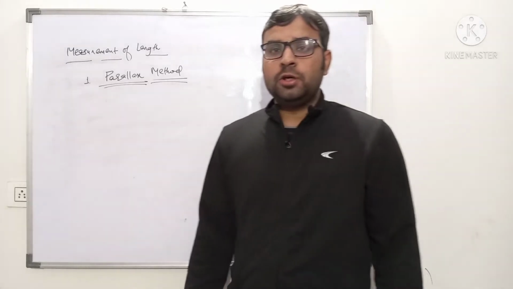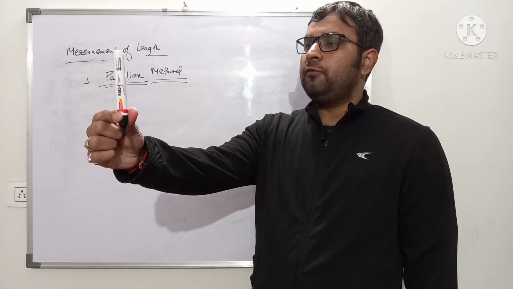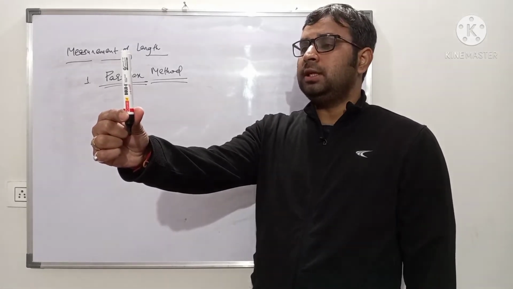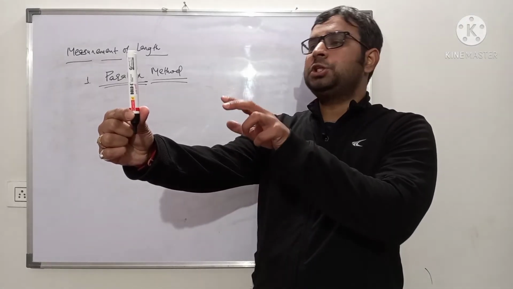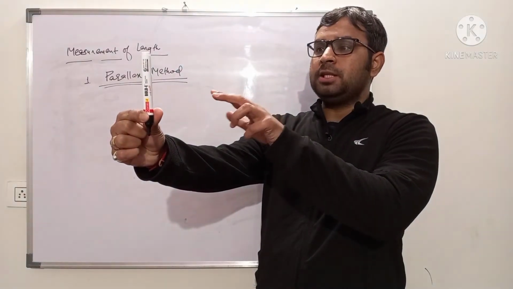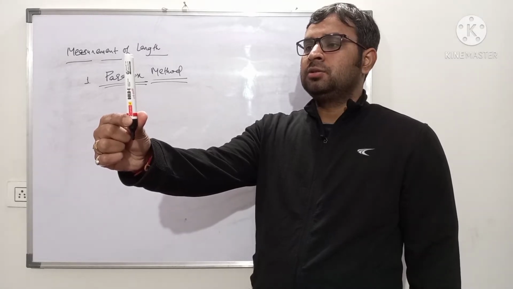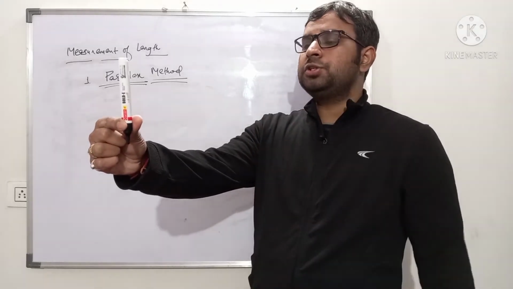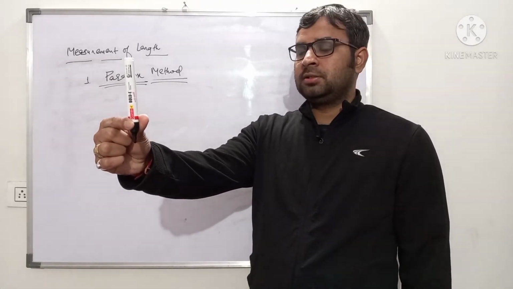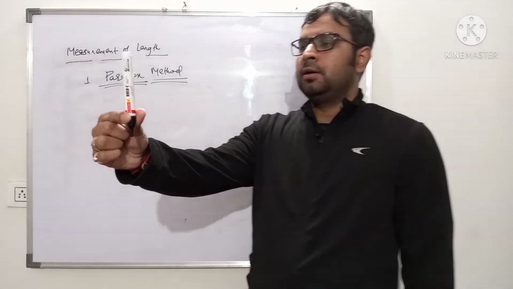We all would have observed that when you watch this pen by closing your left eye, and when you watch the same pen by closing your right eye, you see that this pen has shifted its position. So this shift in the position of this pen is called a parallax, right? This same concept is used to measure the large astronomical distances. Now let us move on to the theory and dig deeper.